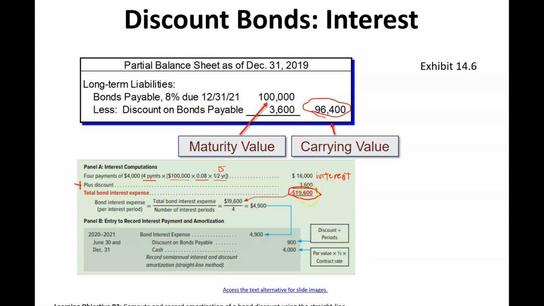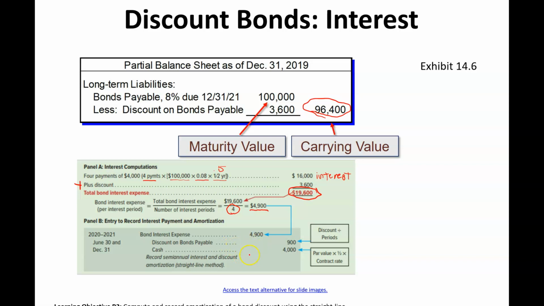We're going to take that $19,600 and divide it by 4, because that is how many payments we're going to give them: 2 semi-annual payments every year, and this is a 2-year bond, so that's 4 payments in 2 years. Each payment is $4,900.